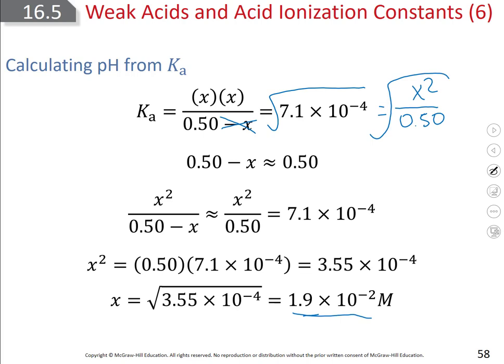We can take the square root of a constant. That's not hard. Just plug in the calculator. So if we take the square root of both sides, we end up with that 7.1 times 10 to the negative 4th. Pretty darn close to the original answer.